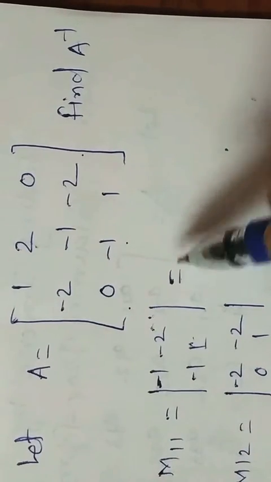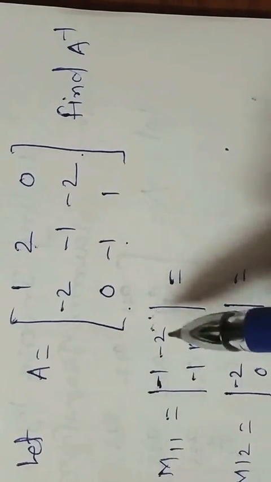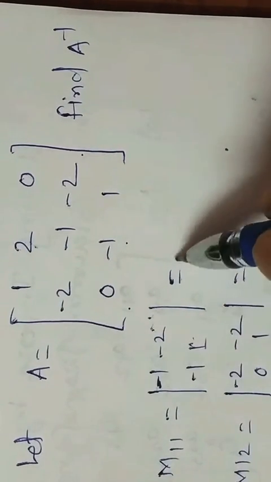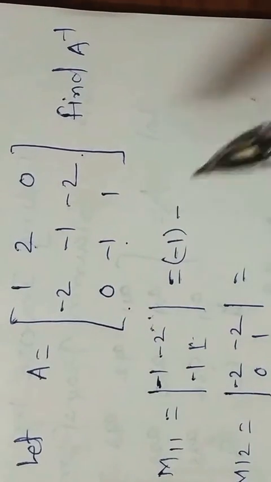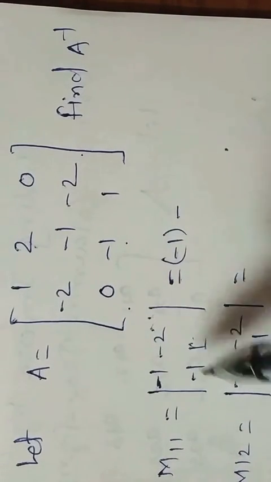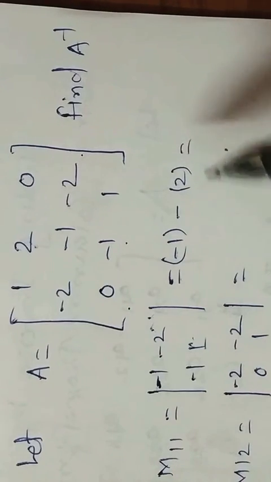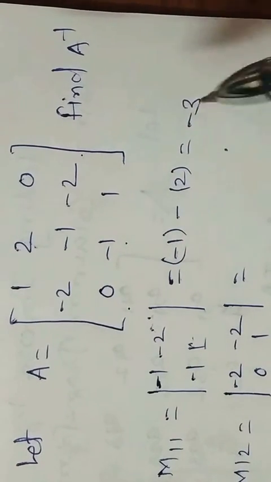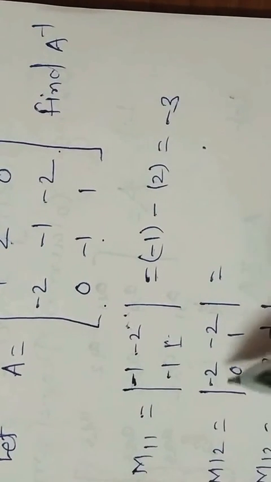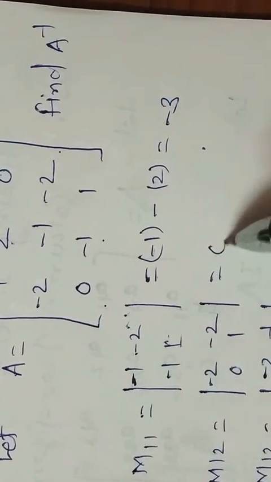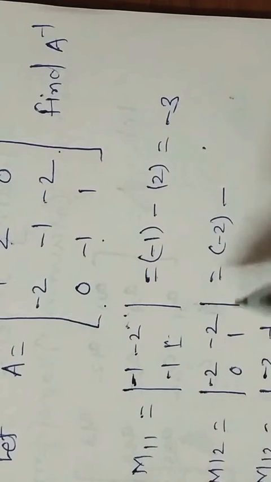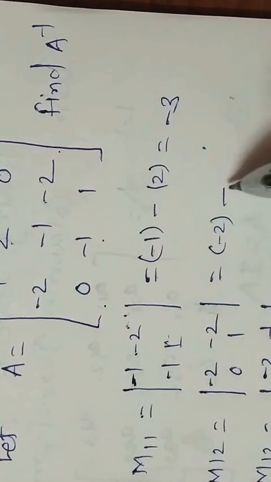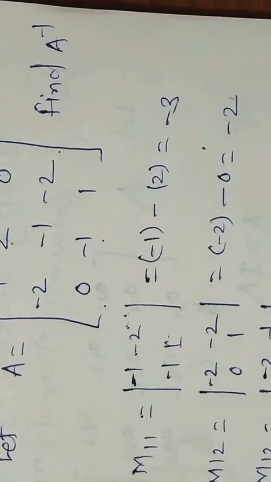Solve this. That is -1 into 1 minus (-1)(-2), that is -1 minus 2, which equals -3. Same here, solve this: -2 into 1 minus (-2) into 0, the answer is -2.